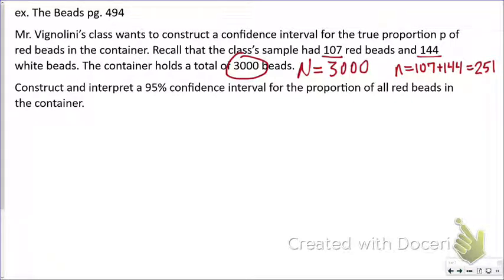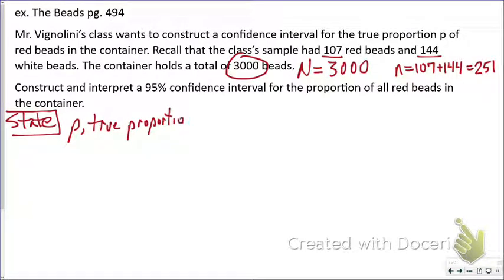So I'm going to write state. You don't have to write state, plan, do, conclude, but I will on these first few problems so you can see some organized thoughts. We're estimating P, the true proportion, and then skim through the paragraph. What are we estimating? It is usually typed right here.